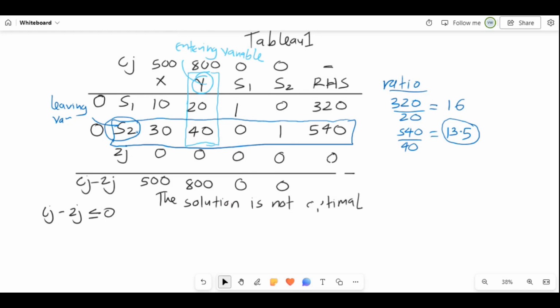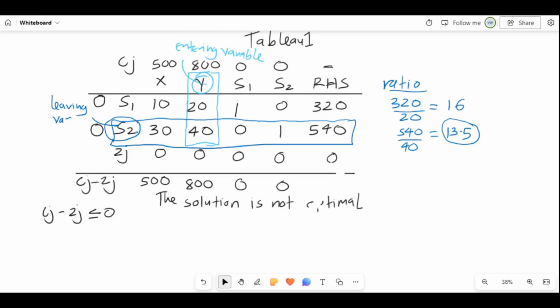So we don't expect the resources available in terms of labor hours to remain the same. So as much as the labor hours reduces, the units produced also does what? Increases. And that is why we have to swap the decision variable with the coefficient of our slack variable.